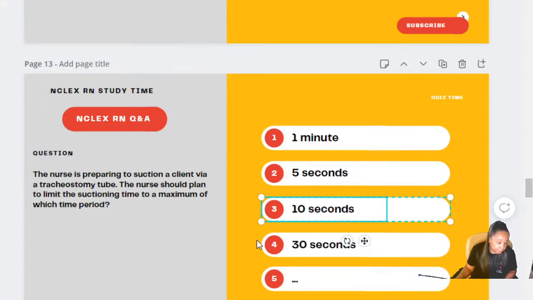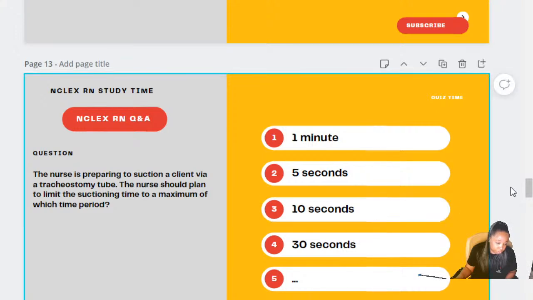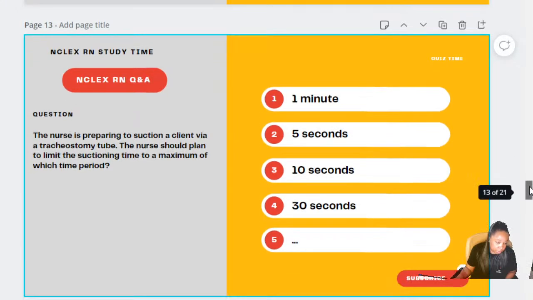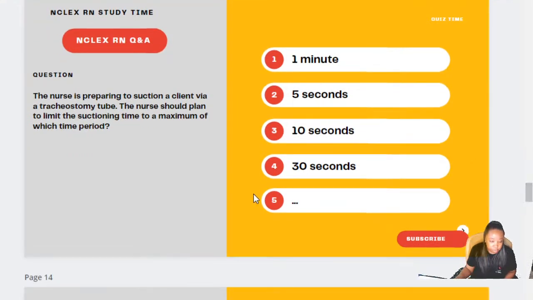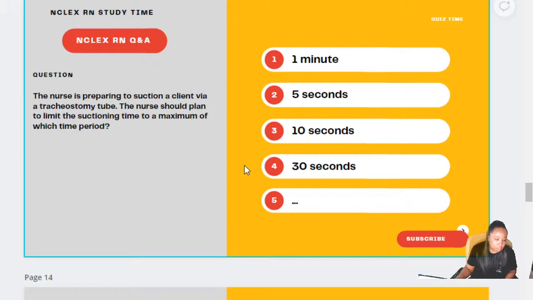So 10 seconds is the amount of time that you have to suction the patient. Mostly 10 to 15 seconds, but let's say 10 seconds. Let's keep that one.